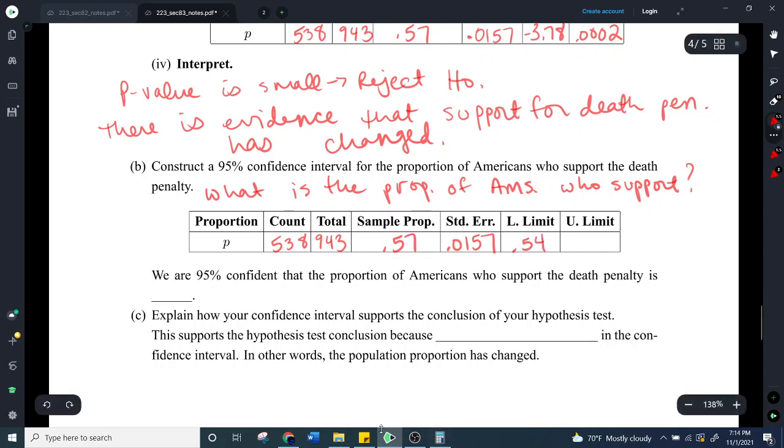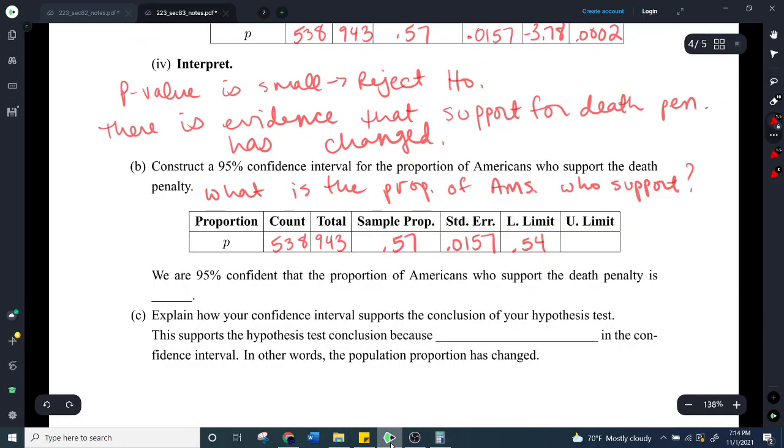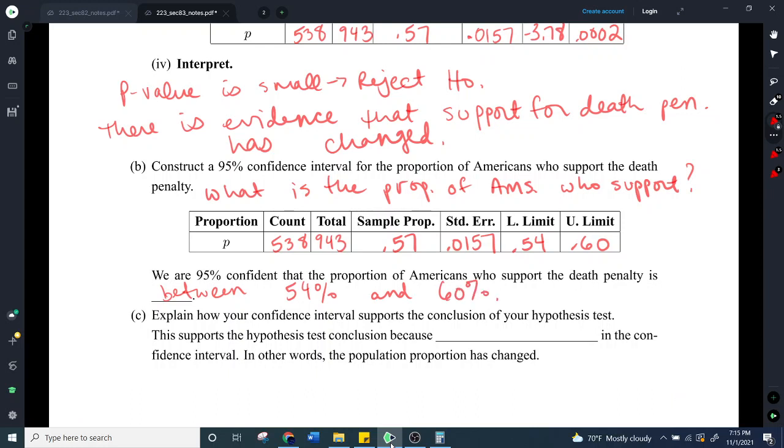And then my upper limit is right here, 0.60, somewhere in there. So what does that mean? We are 95% confident that the proportion of all Americans who support the death penalty is between 54% and 60%.